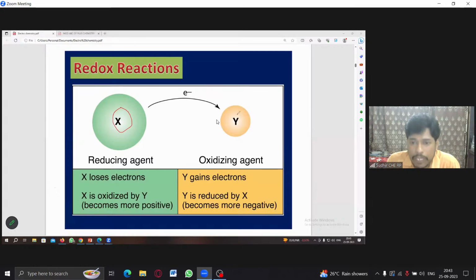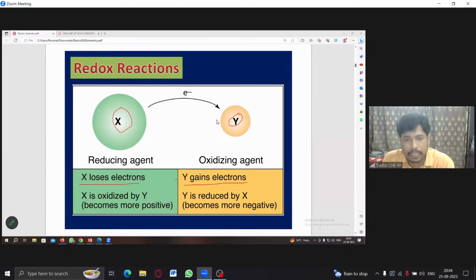In this process, I have represented one electron being transferred from element X to Y. That means X is losing electrons and Y is gaining electrons.